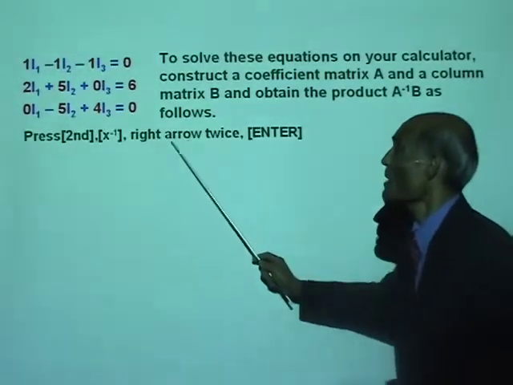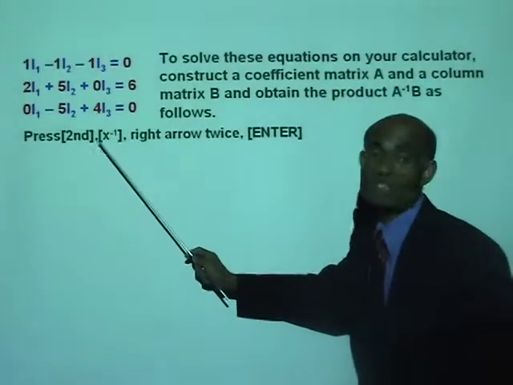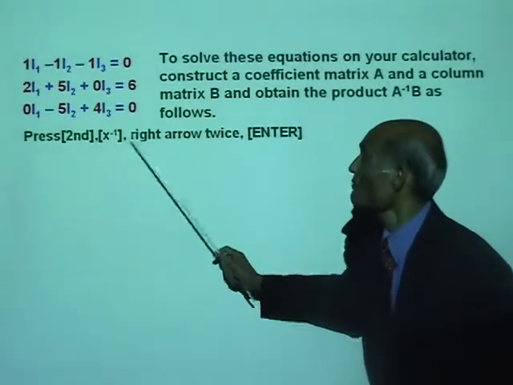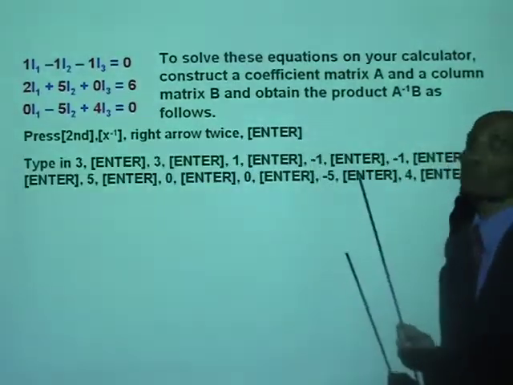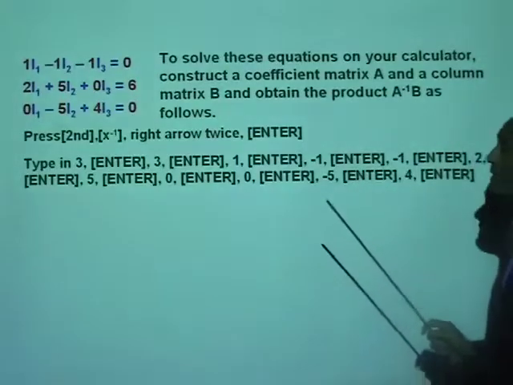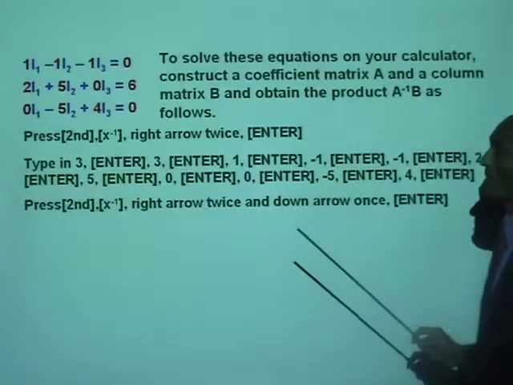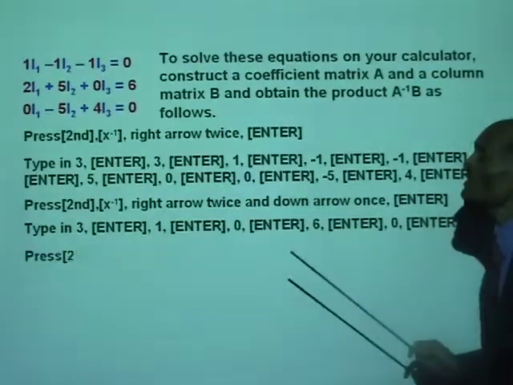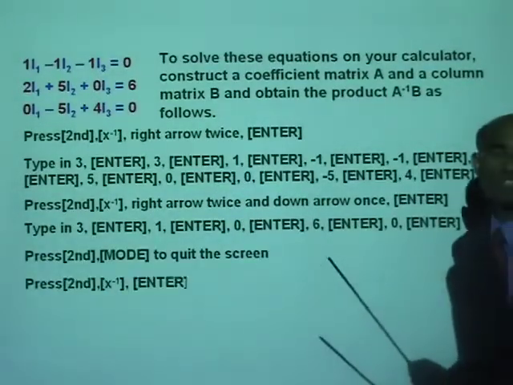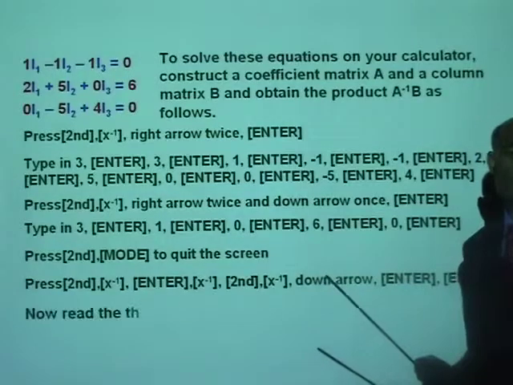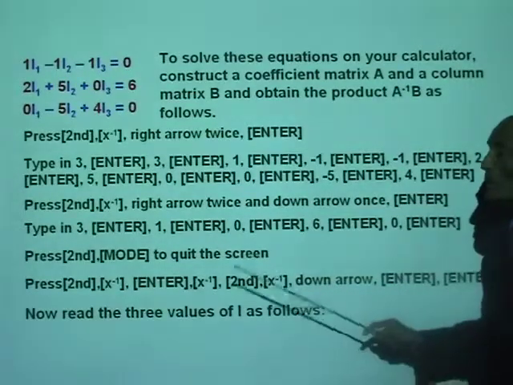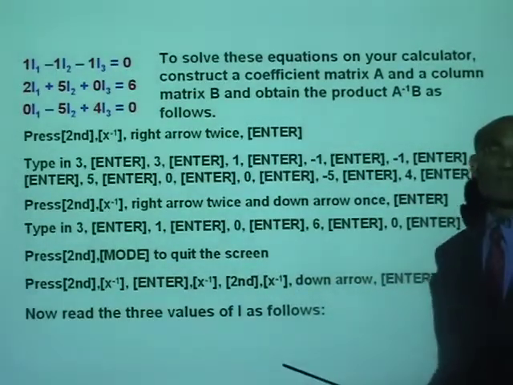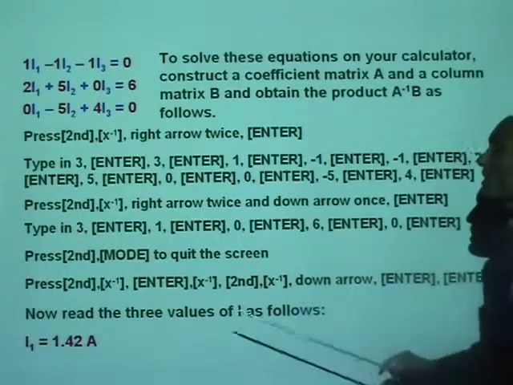I want you to print out the PowerPoint and follow these steps if you haven't been able to catch up with me. Now follow these steps. I've given you step by step what to do in solving these equations. You can actually pause this screen and do this on your own.